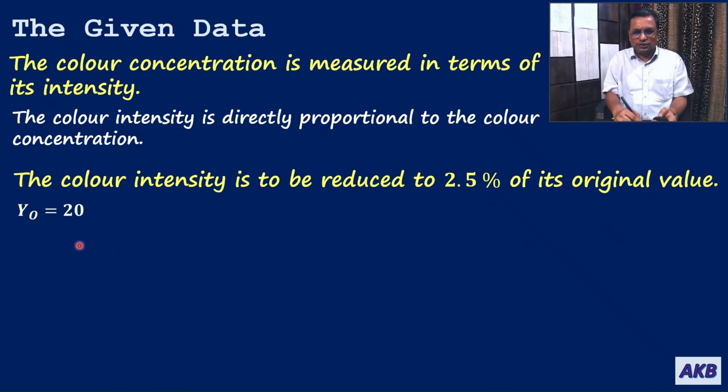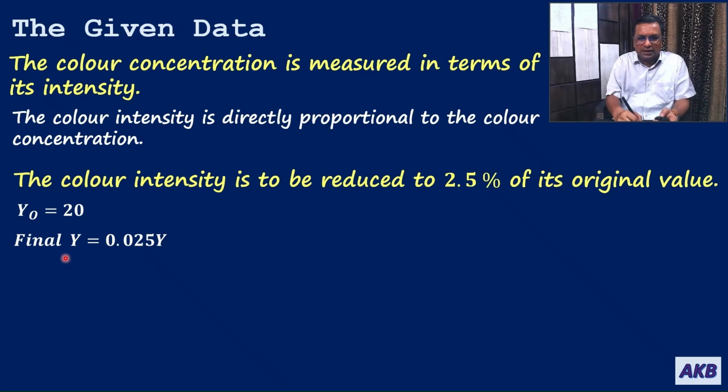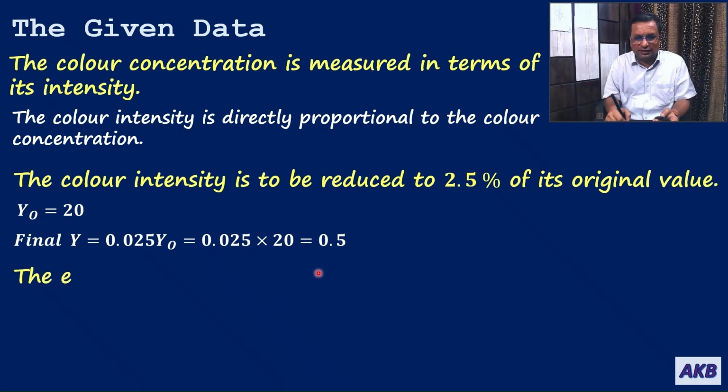The original value is 20, measured on an arbitrary scale. As per our notation, this is capital Y0. So Y0 is 20, and final Y is 0.025 times Y0, which is 0.025 into 20, that is 0.5.